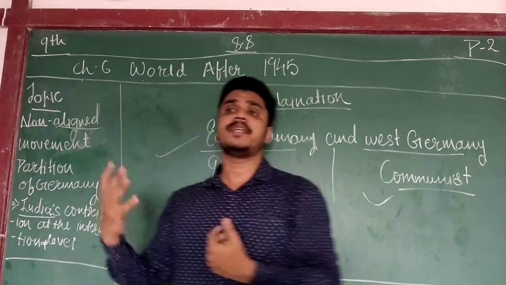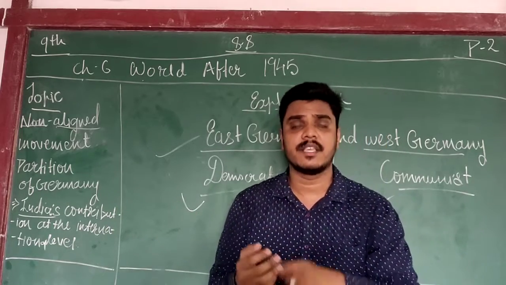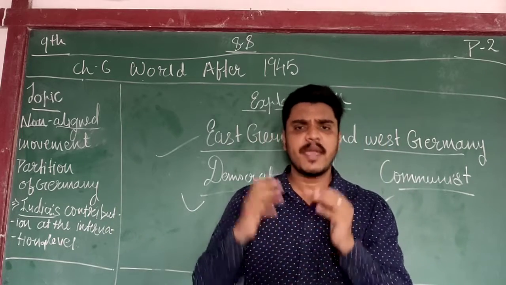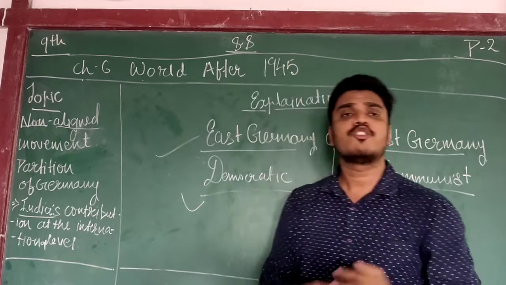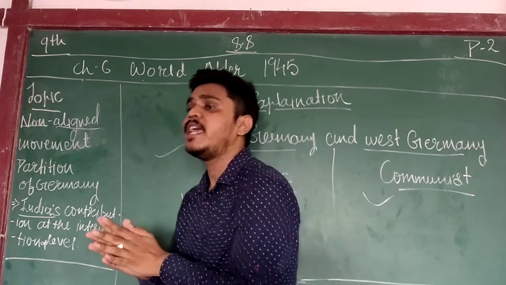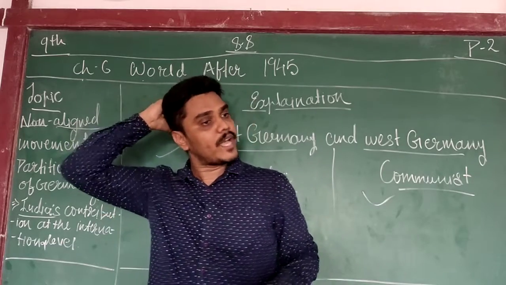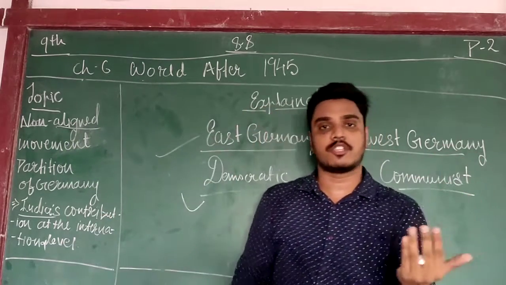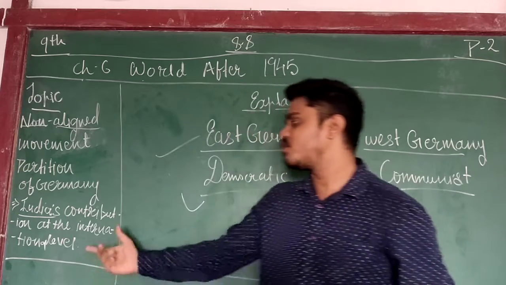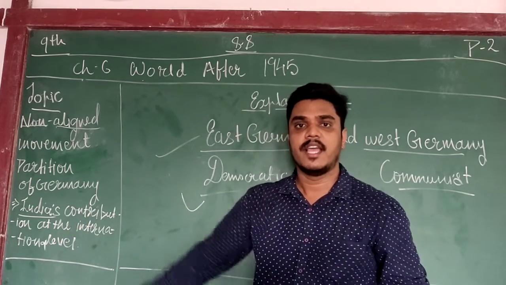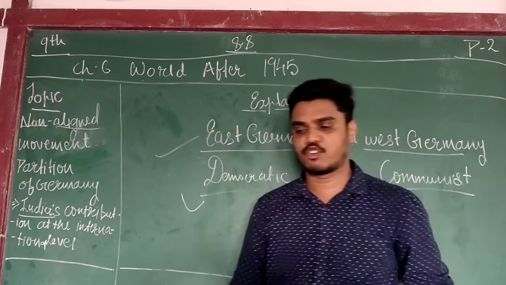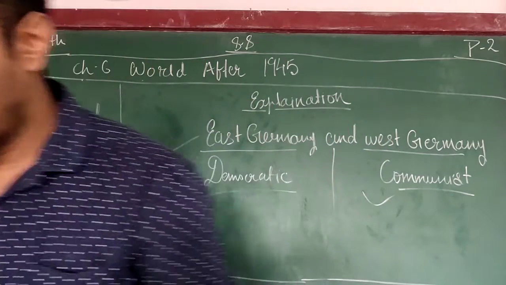Instead of spending lots of money on defense, missiles, and many more things, we should work on our economic structure. Like we should reduce poverty, and work together to get economic growth. So this was India's contribution at the international level, at the United Nations, and in sending troops.